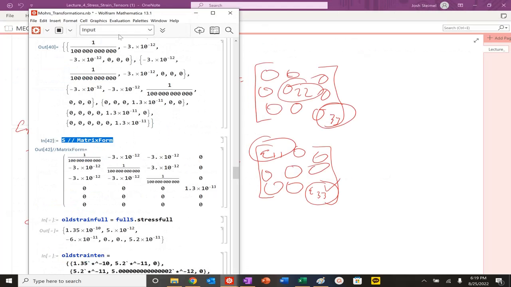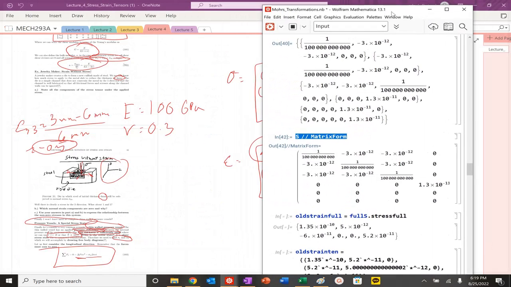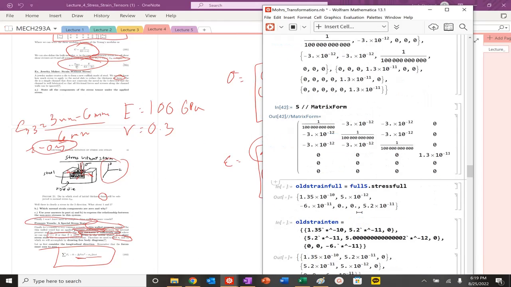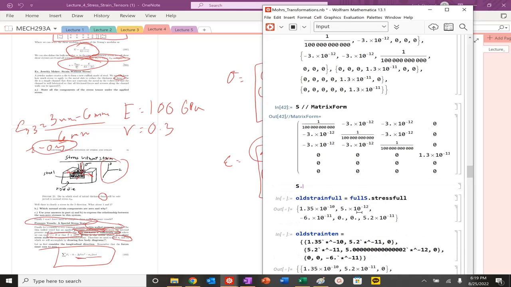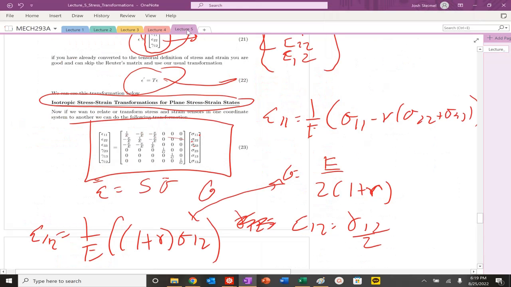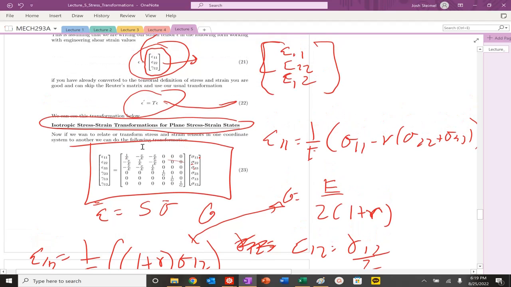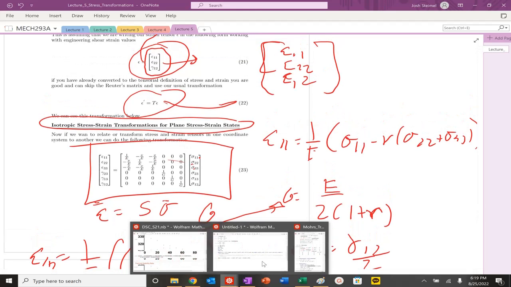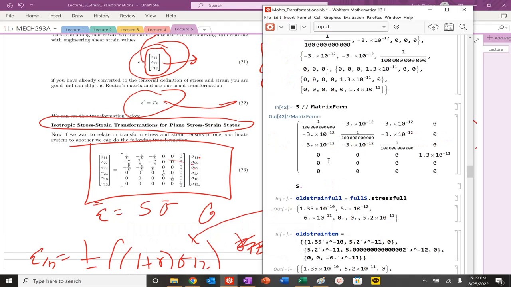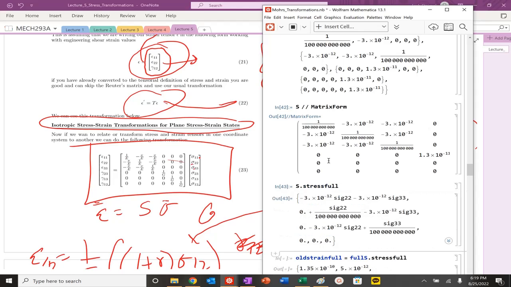So we can now solve for all the rest. We know that epsilon equals S dot our stress. So S dot stress full. It's not stressful at all to do these fun things.